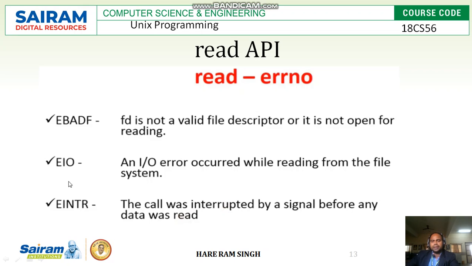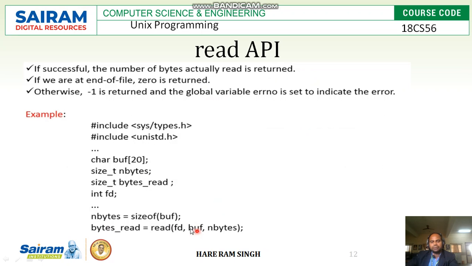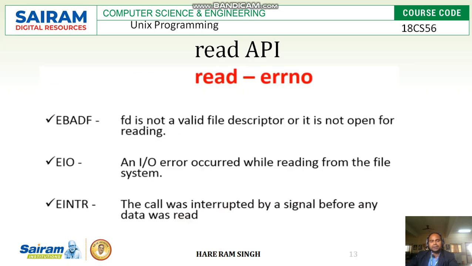What are the different errno values that can occur here? EBADF means the file descriptor is not a valid file descriptor, or it is not open for reading. Now here you can see that we are passing fd. What if the file descriptor is not properly referring to a file, or fd may not refer to a file which is readable?